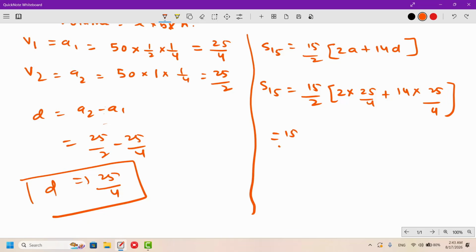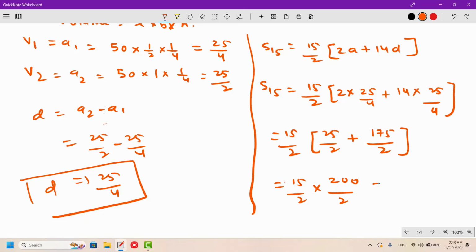So this one is 15/2 and this one is 25/2 plus 175/2. So 25/2 is 200/2. So this is 100 and this is 50. So 750 meter cube. Okay, so volume is equal to 750 meter cube.